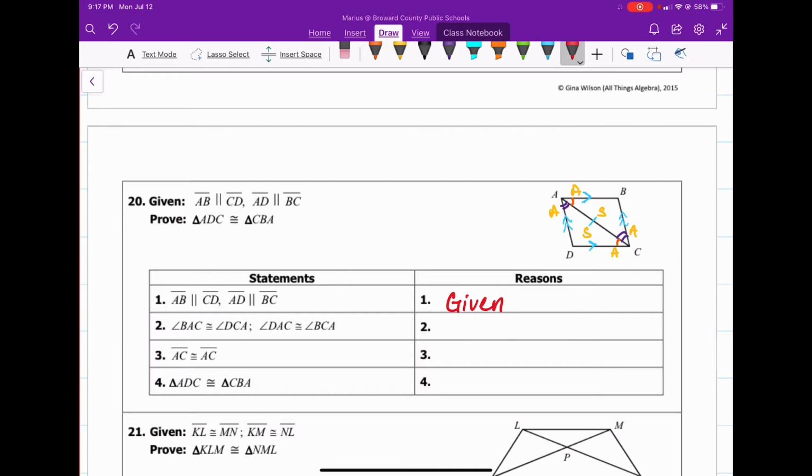So getting back to our proof, number 2 says angle BAC is congruent to angle DCA and angle DAC is congruent to angle BCA. Those are the markings that we labeled in the diagram, and all of those were due to alternate interior angles. They are all congruent because those are all sets of alternate interior angles.